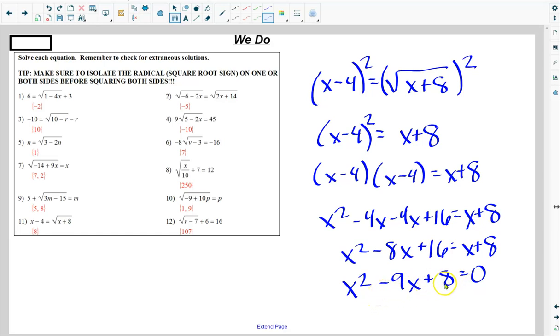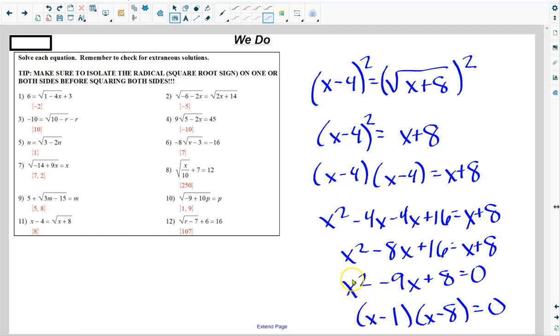Again, here I could use the quadratic formula, but it might be easier just to use factored form, because two numbers that multiply to give me 8 and add to give me negative 9. That's going to be negative 1 and negative 8, or minus 1 minus 8. This times this is positive 8. This plus this is negative 9.